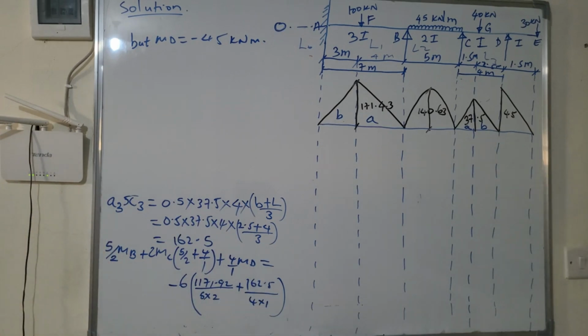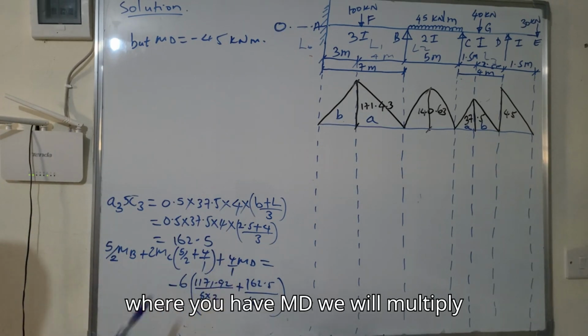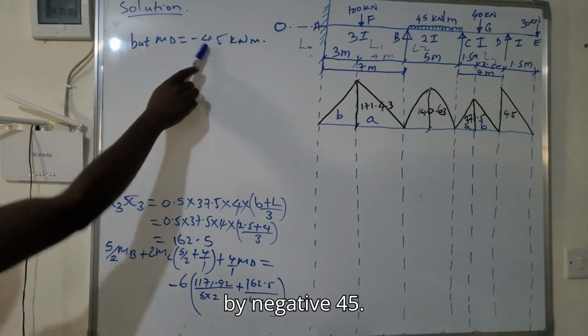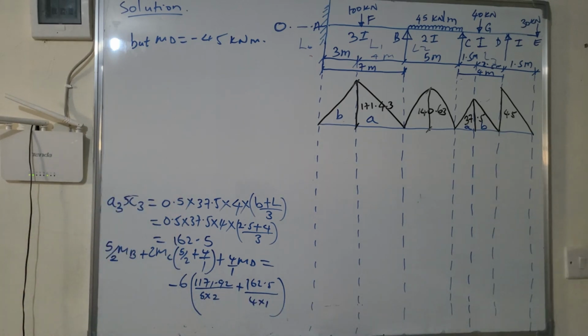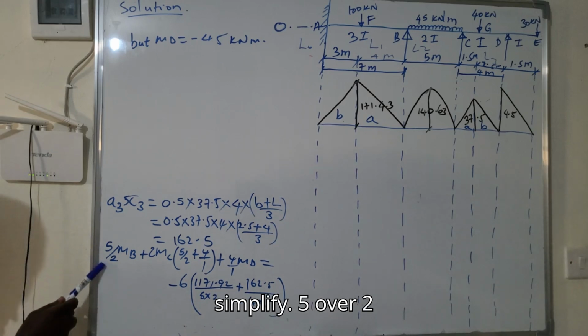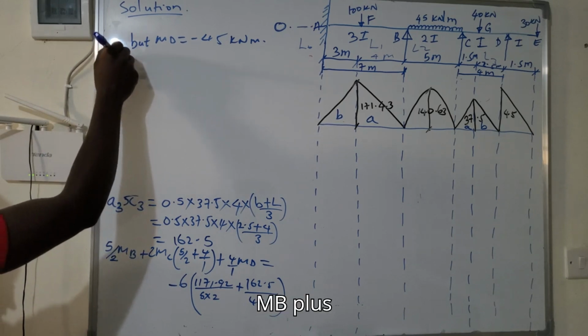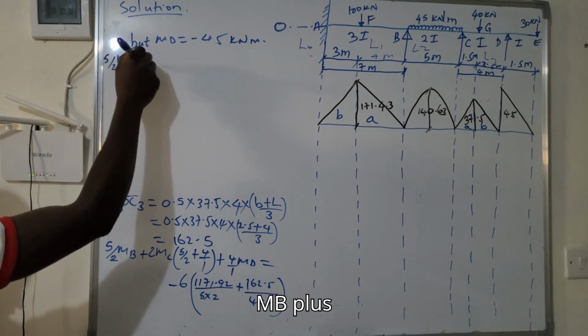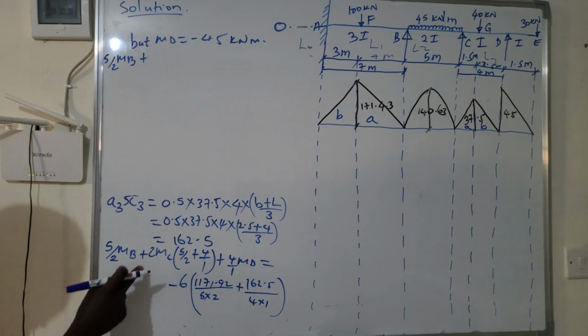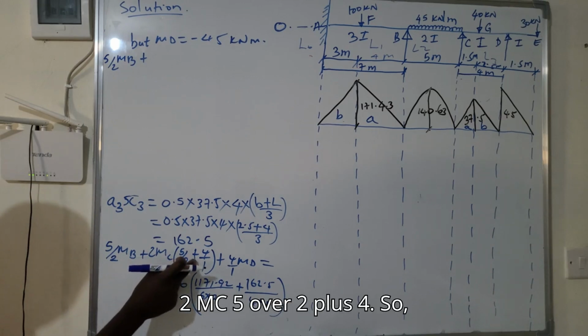So it means where we have MD, we will multiply by negative 45. So let's simplify. 5 over 2 MB plus 2 MC, 5 over 2 plus 4.